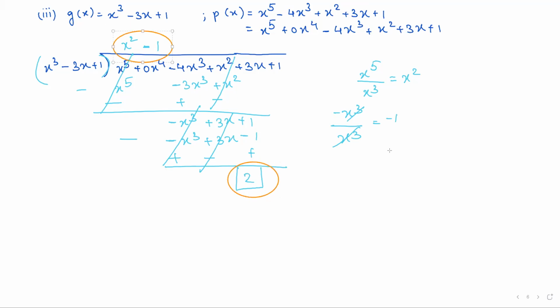So the given g of x is not a factor of p of x. Since r of x is equal to 2, which is not equal to 0, therefore g of x is not the factor of p of x.